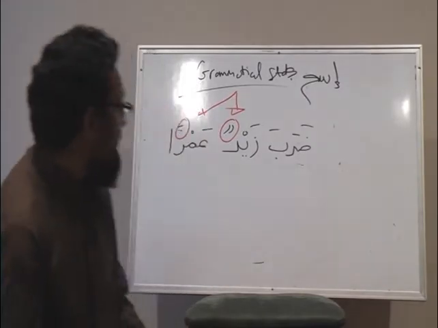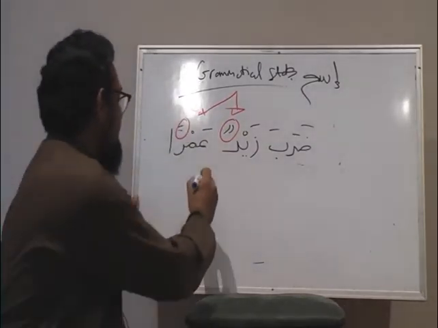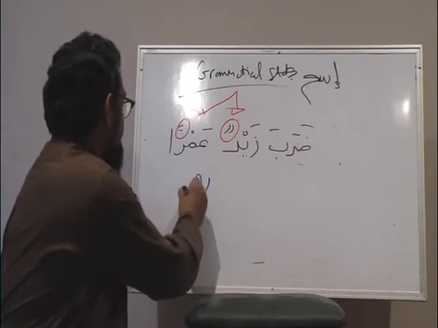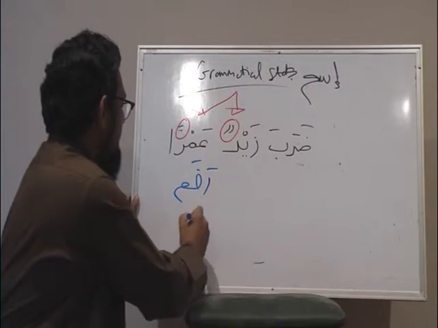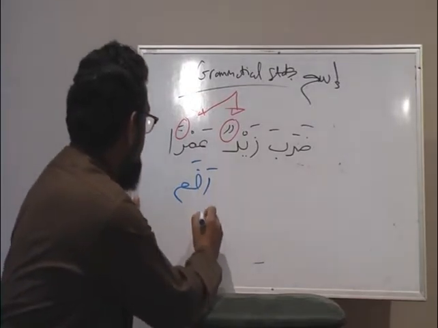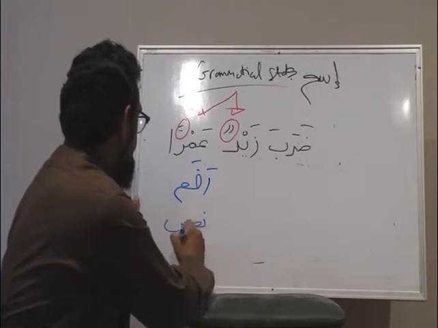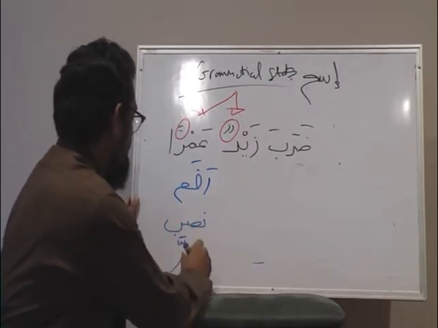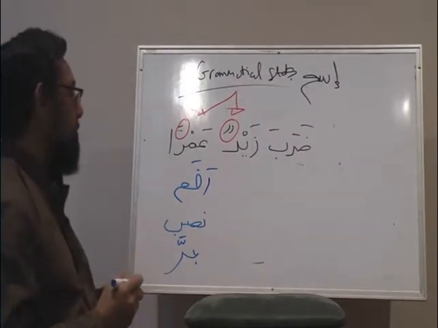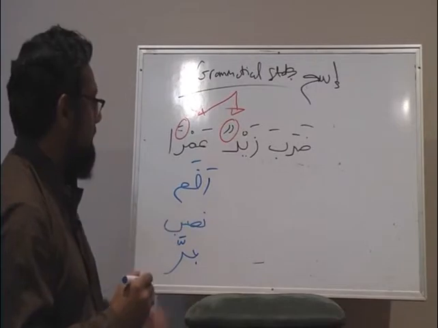So if we were going to break down these grammatical states, we would say their terms are Rafa, and then you've got Nasab, and then you've got Jar. These are the 3 grammatical states, okay? And I'm going to show you how it looks. What did I mean by that?